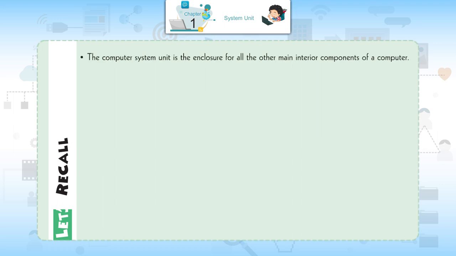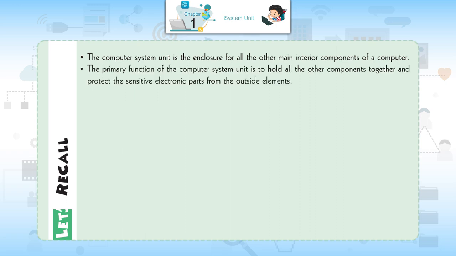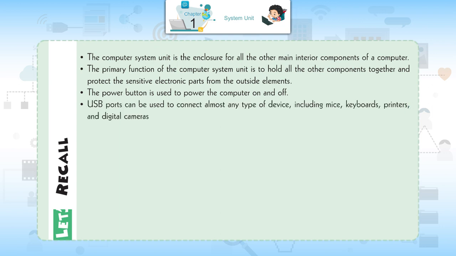Let's recall. The computer system unit is the enclosure for all the other main interior components of a computer. The primary function of the system unit is to hold all the other components together and protect the sensitive electronic parts from the outside elements. The power button is used to power the computer on and off.